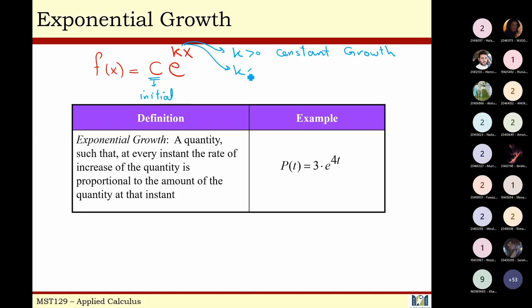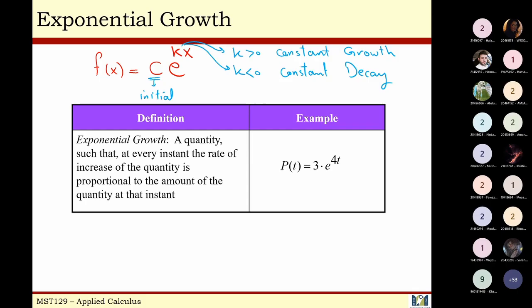If k is less than 0, this means constant decay. Okay, decay means decreasing the population or decreasing the amount of the thing. Growth means increasing the population or anything.